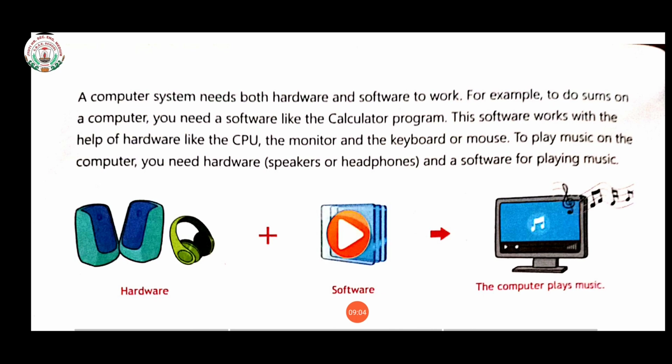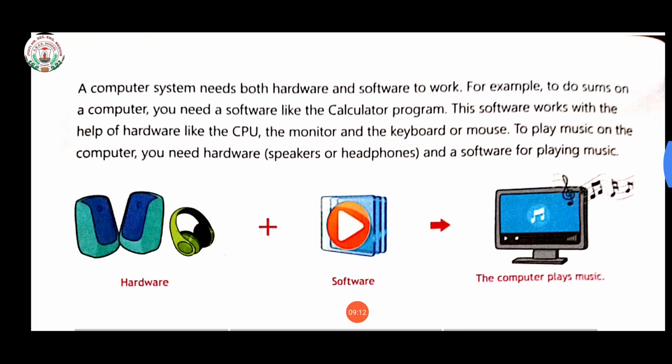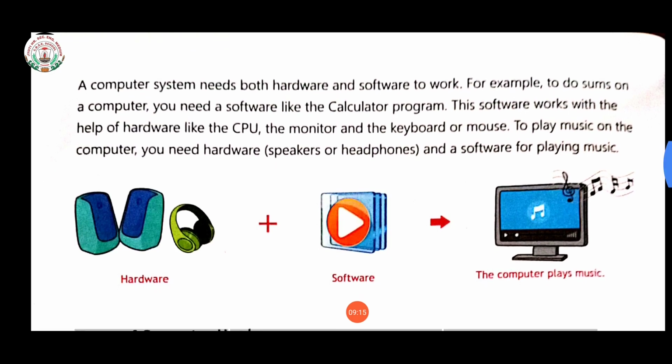This software works with the help of hardware like the CPU, the monitor and the keyboard or mouse. To play music on the computer, you need hardware, that is speaker or headphones, and a software for playing music.